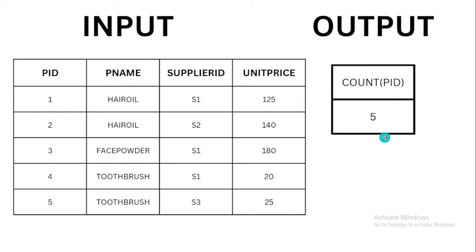Here you can see, with the help of the input table, how we generate this output. Your output will have only one column, and the name of the column will be COUNT(PID). The total number of products is calculated with the product ID. It counts each row value one by one: it is 1, it is 2, it is 3, it is 4 and the last one is 5. That is the reason we get the output 5.